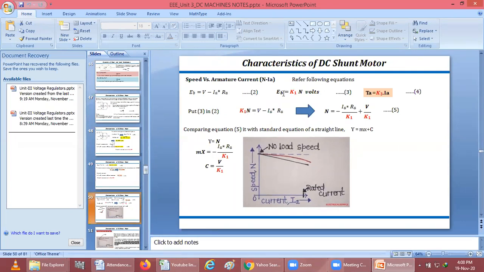That's why I have written the EMF equation in terms of armature current. If you rearrange that equation, you get the equation in the form of speed and armature current. Here you can see the speed is almost constant with increase in current. That's why we can use the DC shunt motor in many applications where we need constant speed.